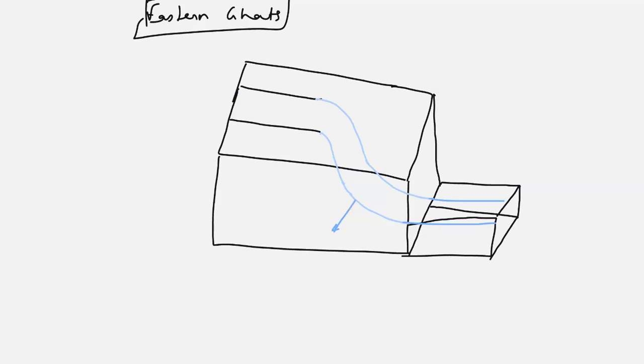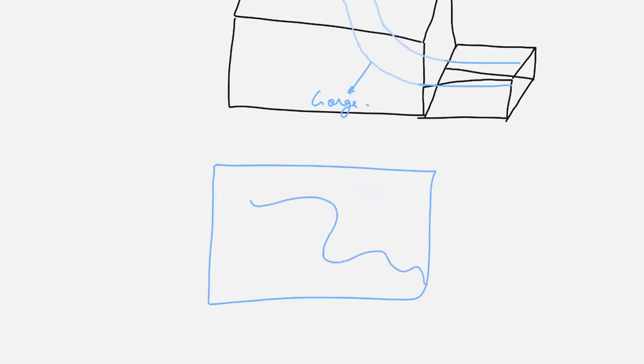Okay, you might see that in a particular region, for example the Grand Canyon, we have the river flowing. Okay, this is the flow of the river, and here we have areas where deep incision has been done.